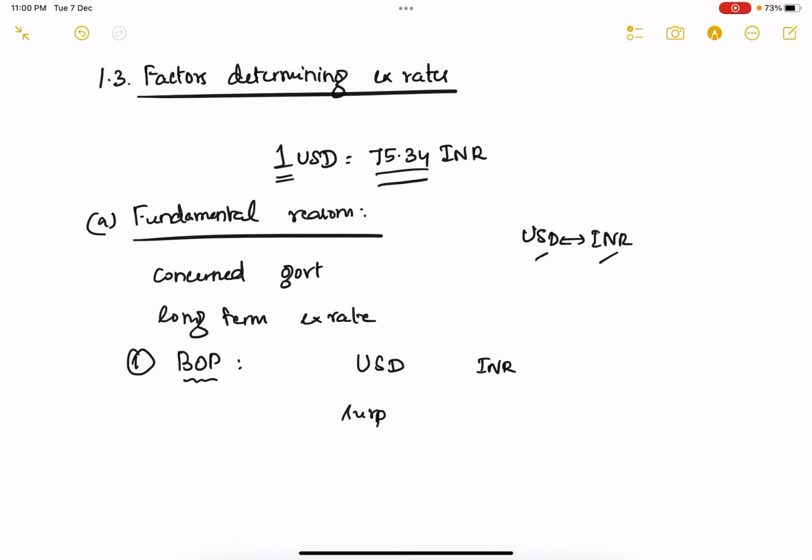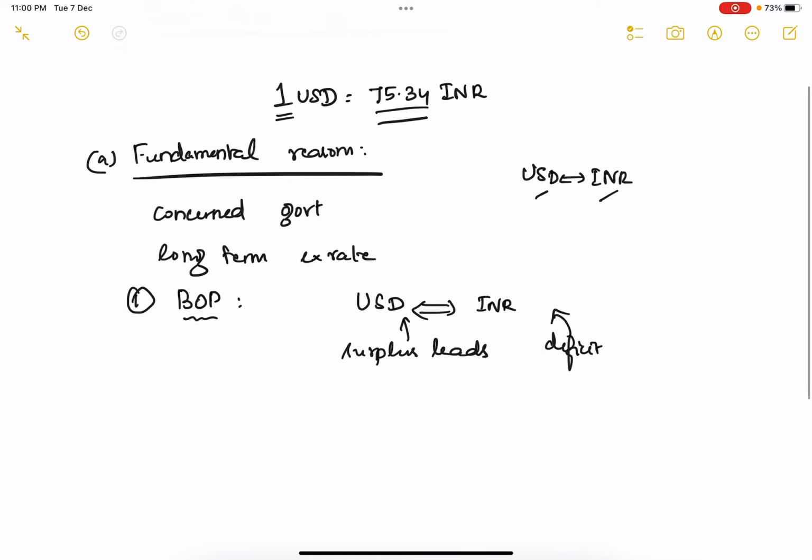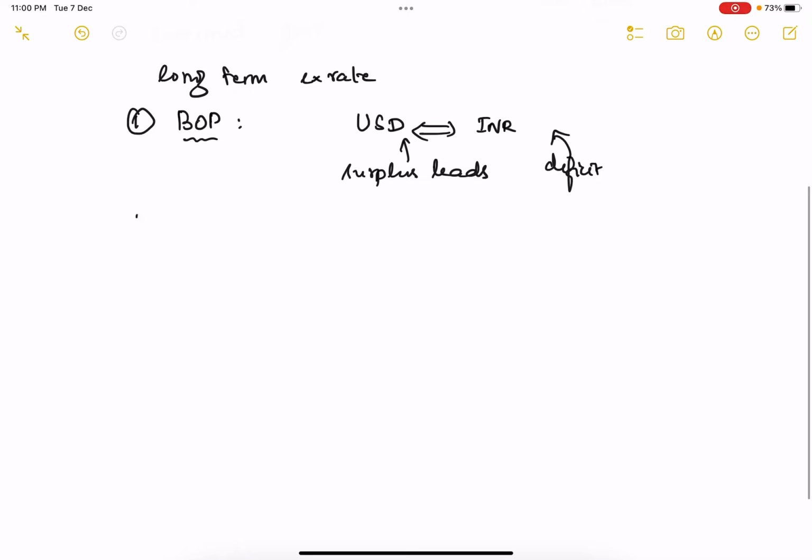So surplus of currency leads to a stronger currency, whereas a deficit weakens the currency. This is known as balance of payment, and this influences the movement of exchange rate.